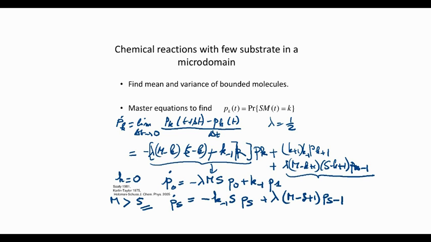And finally, we need a normalization condition, because the probability has to be normalized. The ensemble should be in one state, so the sum of pk at any moment of time t has to equal 1, for k from 0 to s. And this fully defines the solution for these equations, if we know how to solve them.